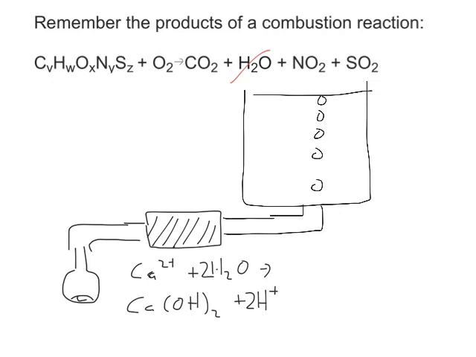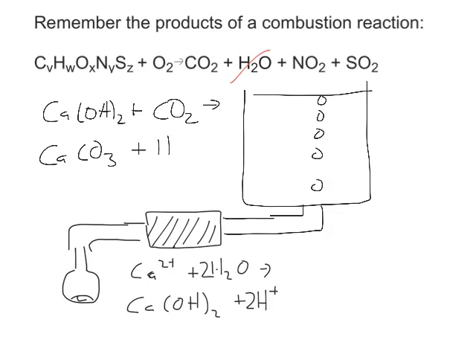And that's because in this tank, the calcium hydroxide will absorb any carbon dioxide that we have to make calcium carbonate and water. And we know from our solubility rules that calcium carbonate is a solid.